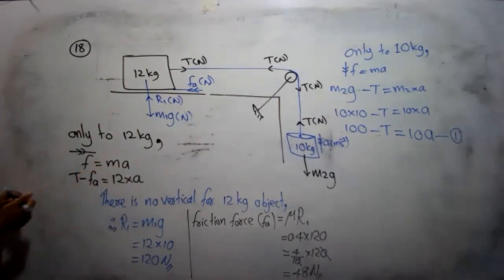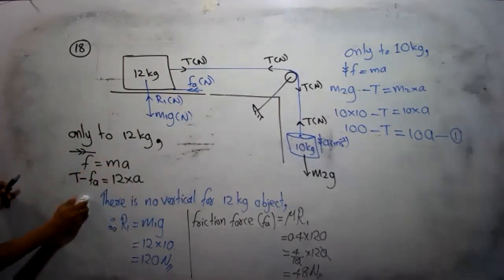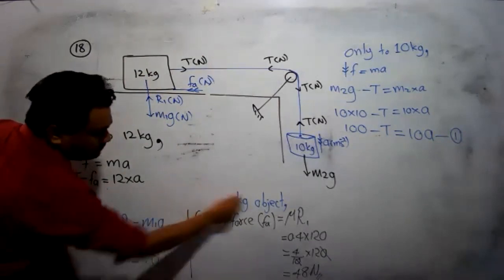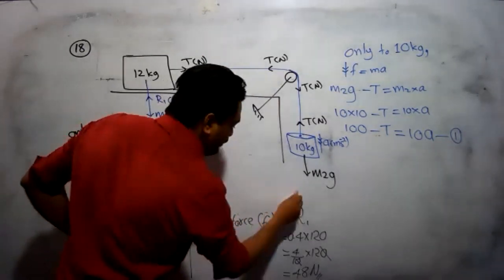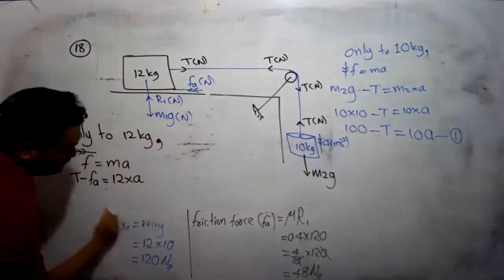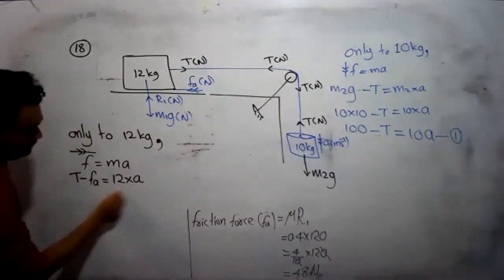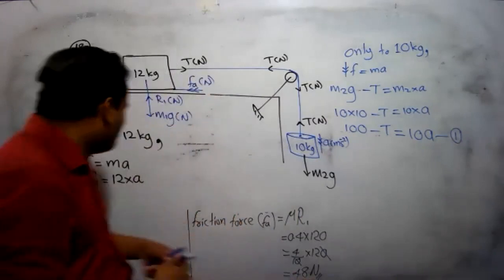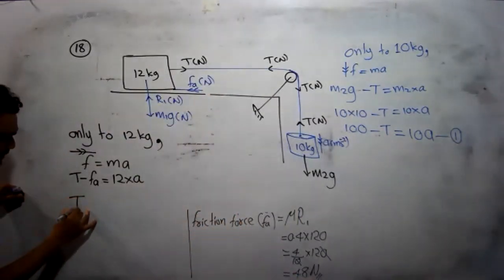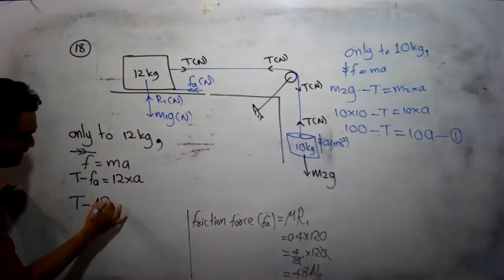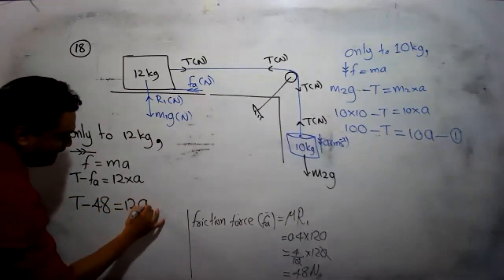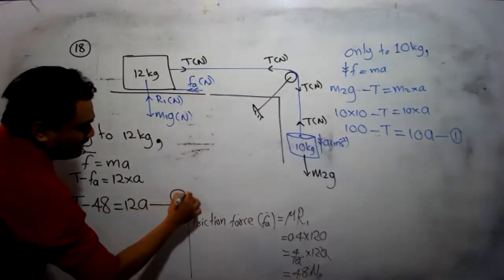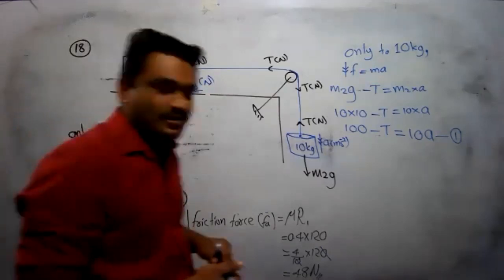Acceleration is A. We have found the friction force as 48 Newton. So T minus 48 equals 12A. Let me mark it as the second equation. Write it there.